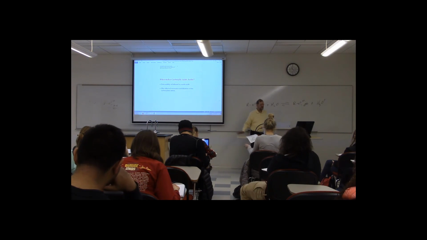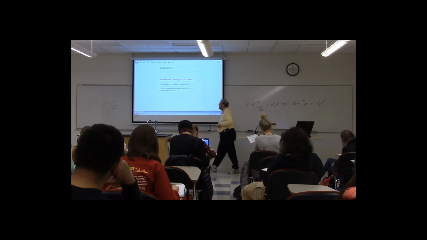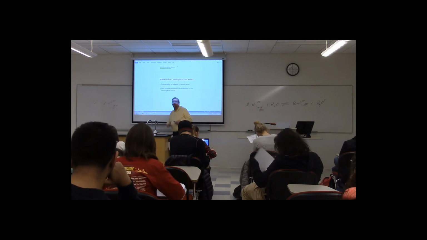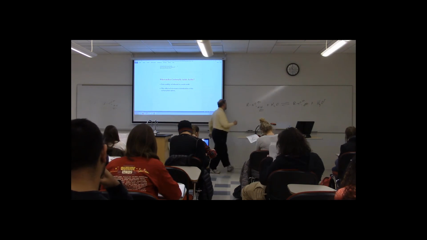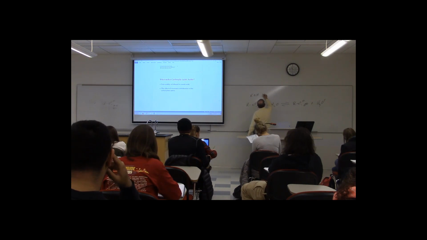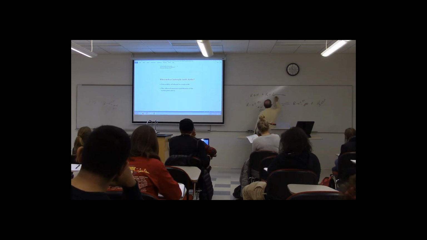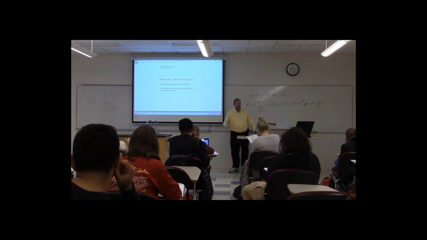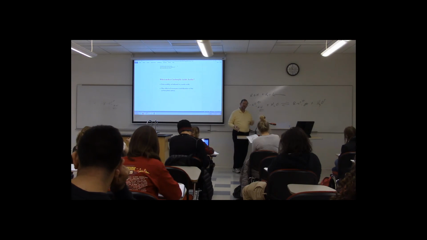Why is a carboxylic acid an acid? Why not an alcohol? That's an equilibrium. The little arrow means it doesn't really go to the right.